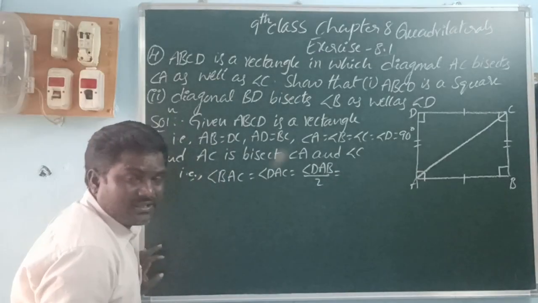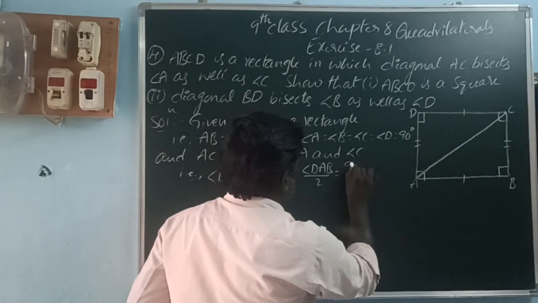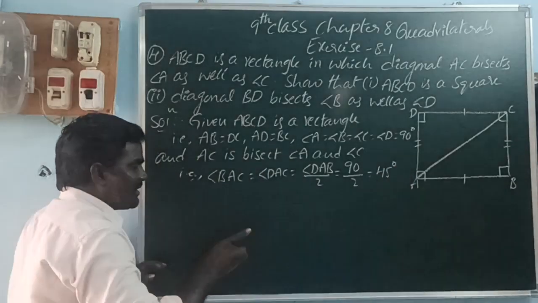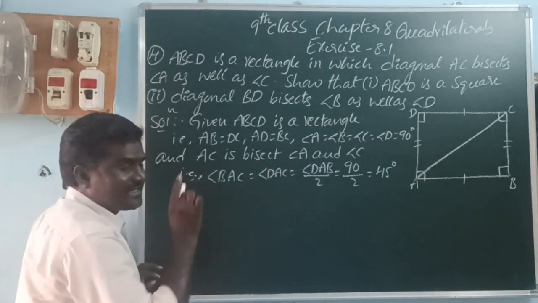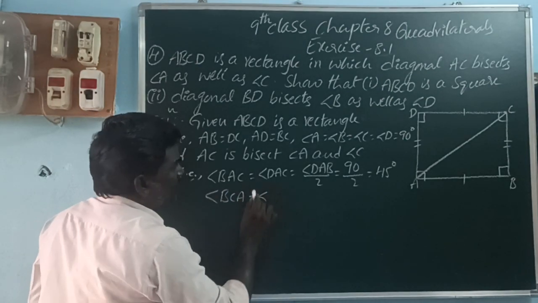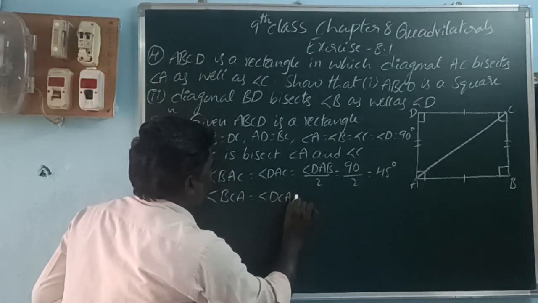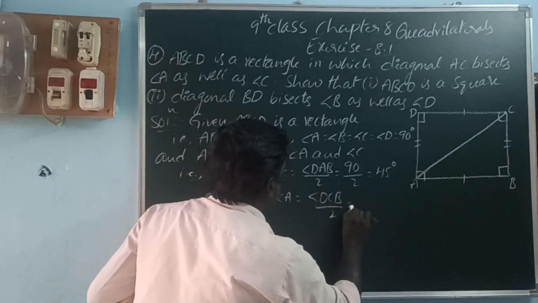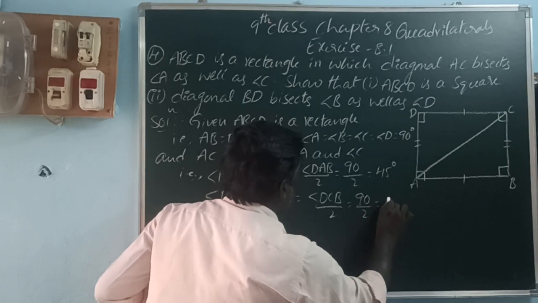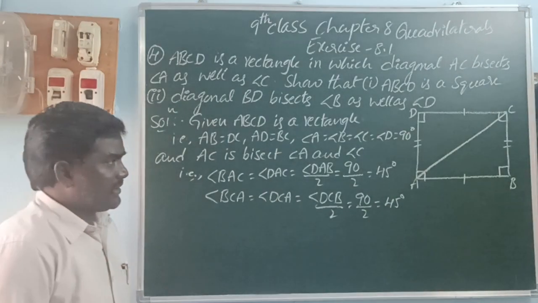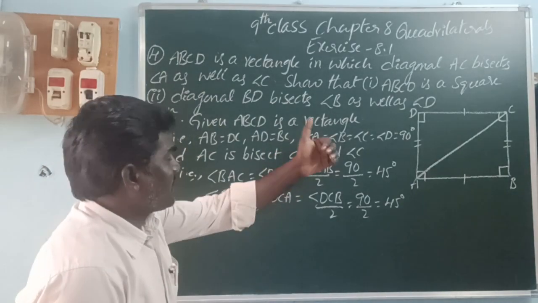DAB is how much? 90 degrees. So 90 by 2 is equal to 45 degrees. Also the diagonal AC bisects the angle C. So angle BCA is equal to angle DCA is equal to angle DCB by 2, that is 90 by 2, which is 45 degrees.